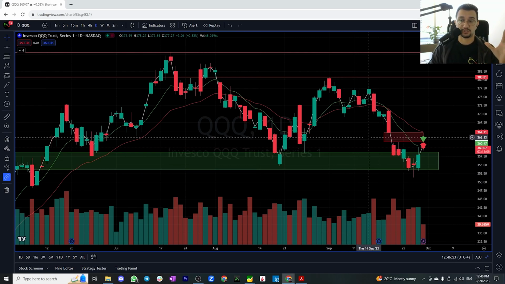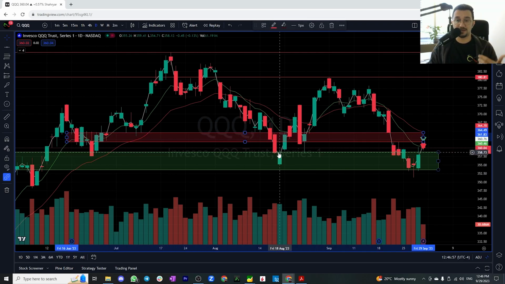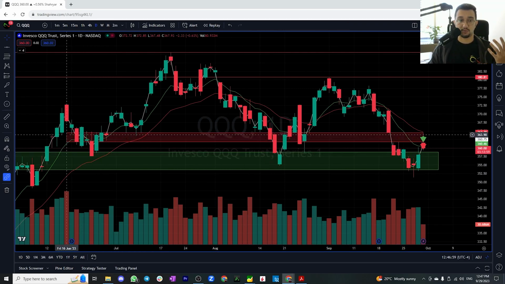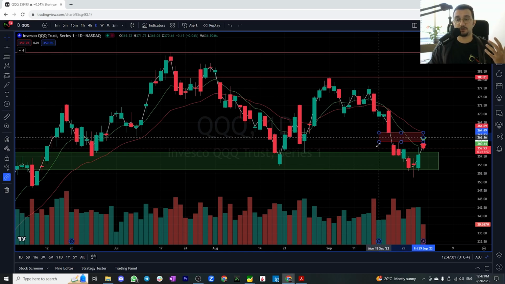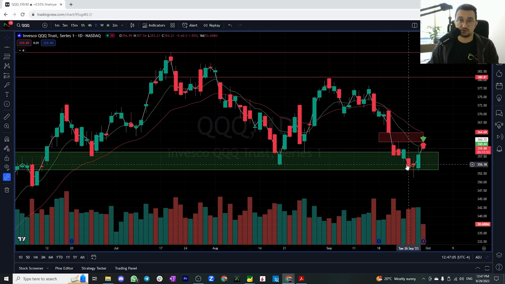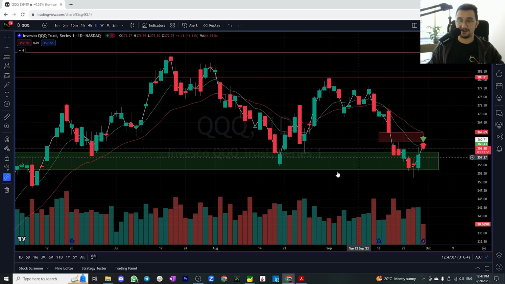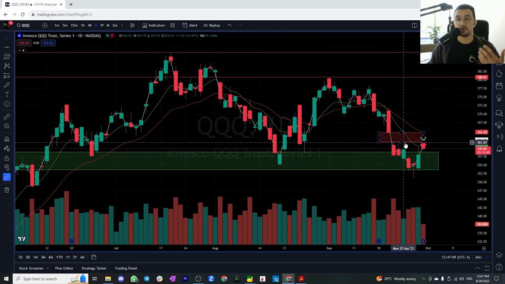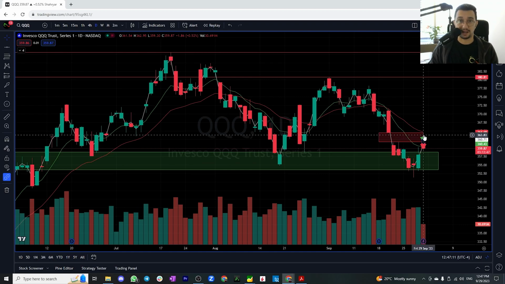Now, having a lot of these zones in your chart may get a little bit messy. So what I suggest is that you have the zones around the price that is trading right now so that you have a clean chart, and at the same time you take advantage of zone analysis.